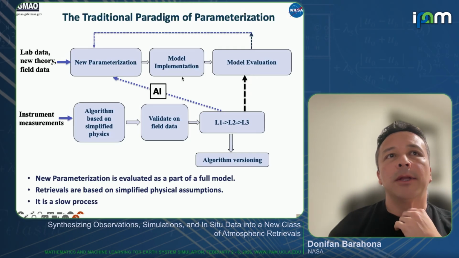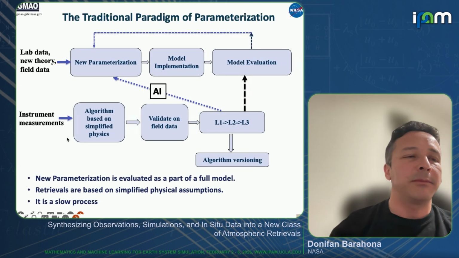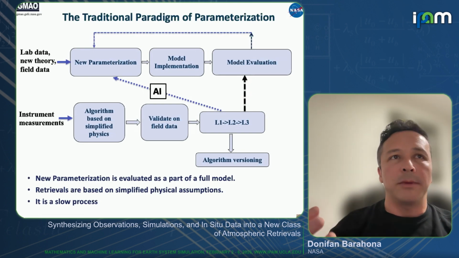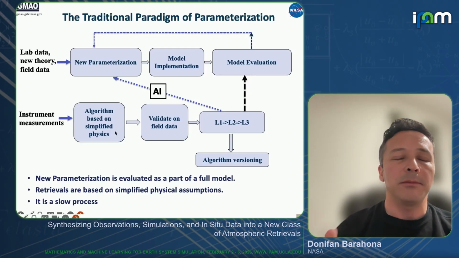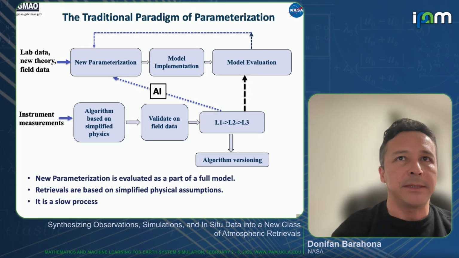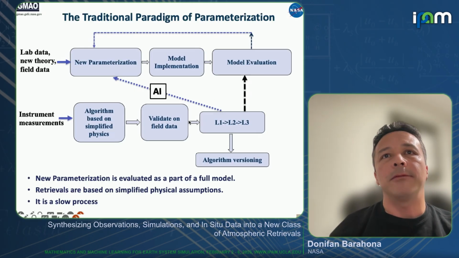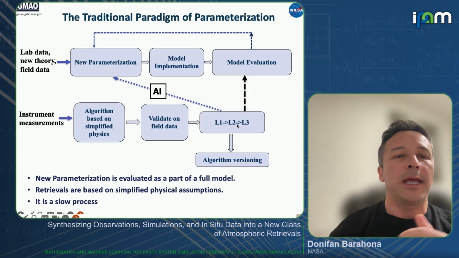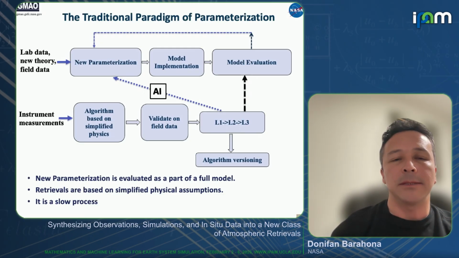On the other hand, we can have instrument measurements, airborne or spacecraft. Then some other group has an algorithm based on simplified physics, which is validated on field data, and then eventually versioning like L1, L2, L3, that kind of thing.